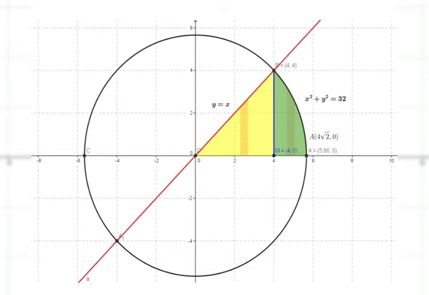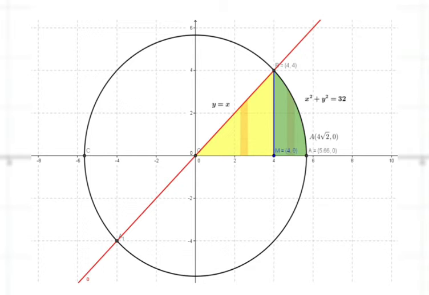But if that point is on the circle, then you can take the coordinates, square the x coordinate and the y coordinate, add the squares of the two coordinates, and you will get 32. So x squared plus y squared is equal to 32. And as you know, x and y are not always equal.